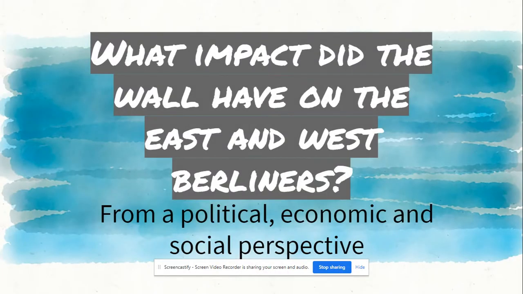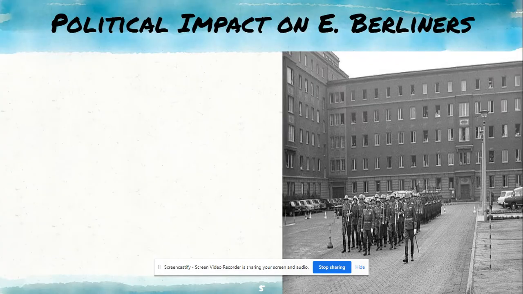The question you're going to be able to answer is, what impact did the wall have on the East and West Berliners from a political, economic, and social perspective? Okay, so the political impact on East Berlin.